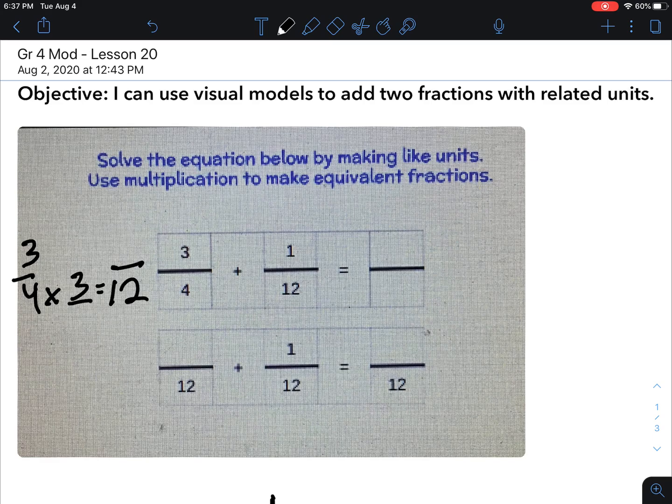So again, the rule: if you multiply the denominator by 3, you multiply the numerator by 3, and so your new numerator down here is 9. So 3/4 and 9/12 are equivalent fractions. But now you have two fractions with the same denominator, so it makes it easy to add those, and you get 10 over 12.